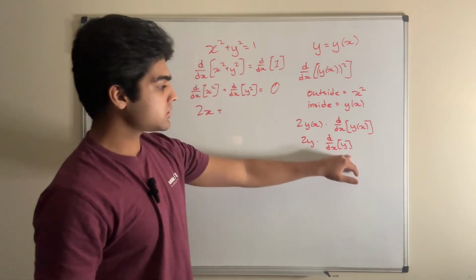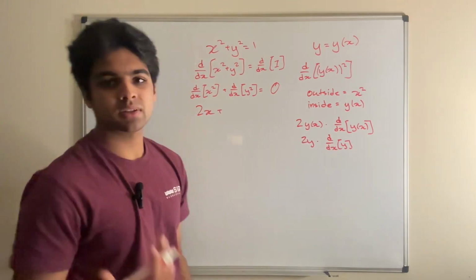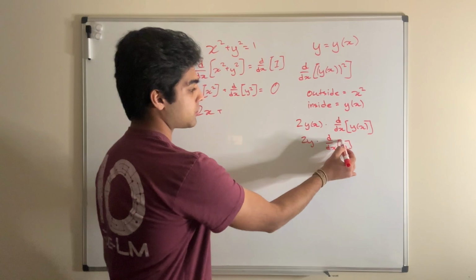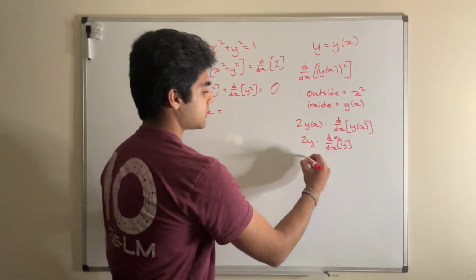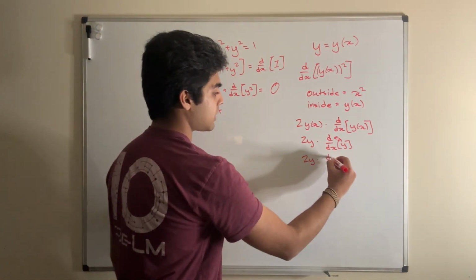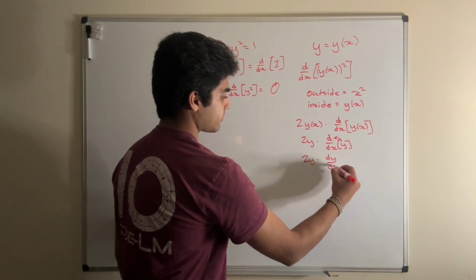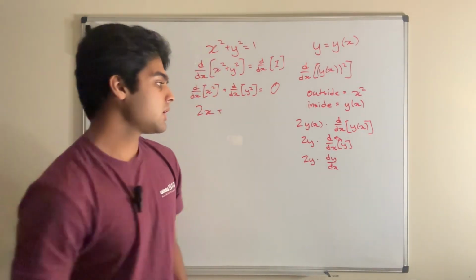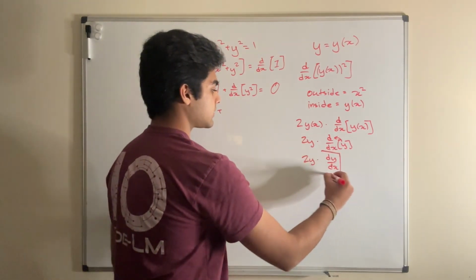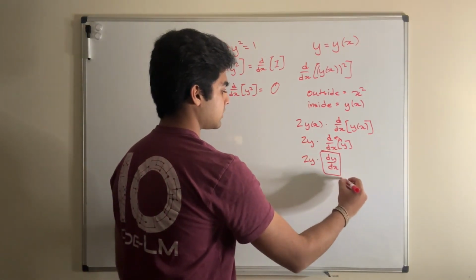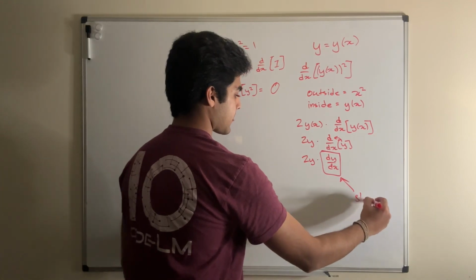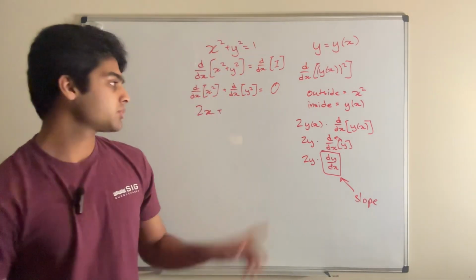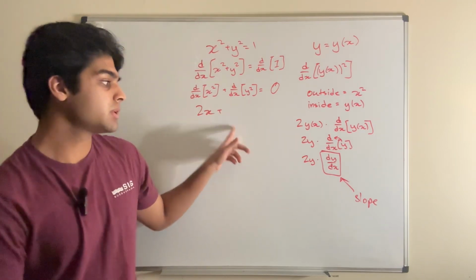This is kind of a weird thing to do, but what you can do is put the y up here and make this 2y times dy over dx. This is something you can do with the derivative operator. And dy over dx is going to be the slope that you're solving for. That's going to make a lot more sense when you plug it back in. So let's do that now.